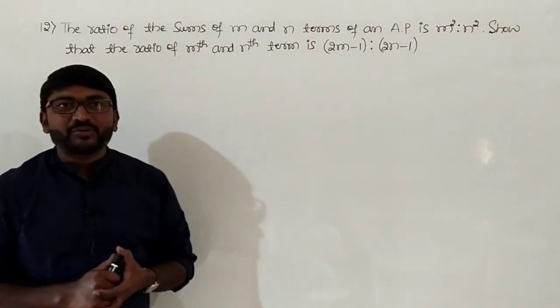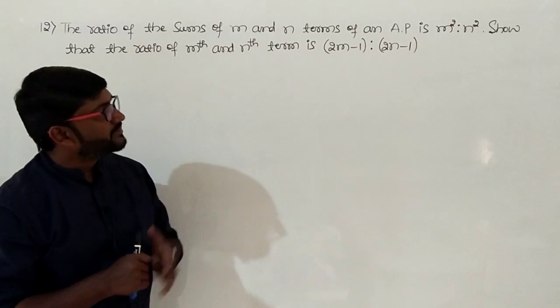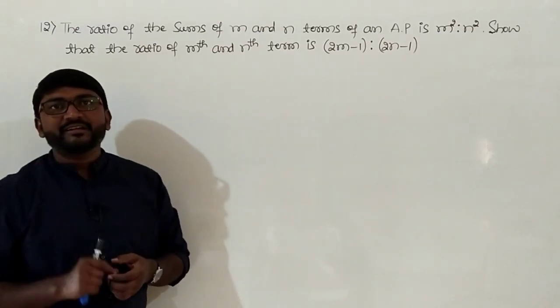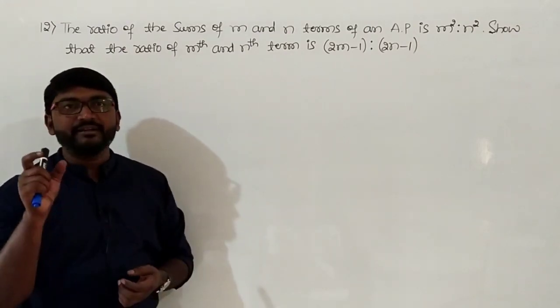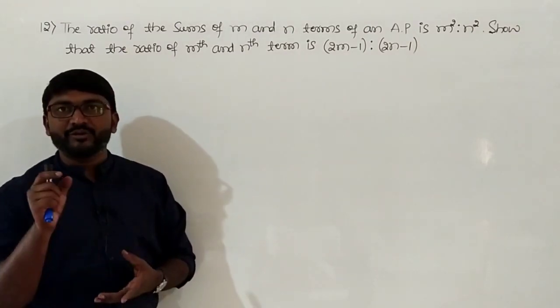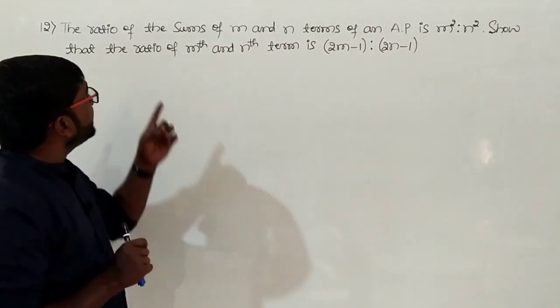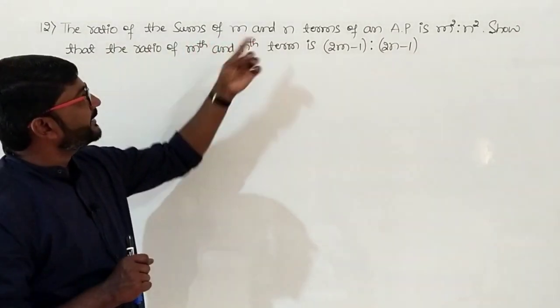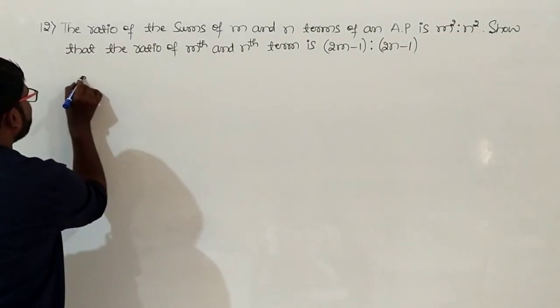Well, the 12th problem: the ratio of the sums of m and n terms of an AP is m square is to n square. Show that the ratio of mth and nth term is 2m minus 1 is to 2n minus 1. So he says the ratio of the sums of m and n terms, that means Sm is to Sn. We'll write the given information.